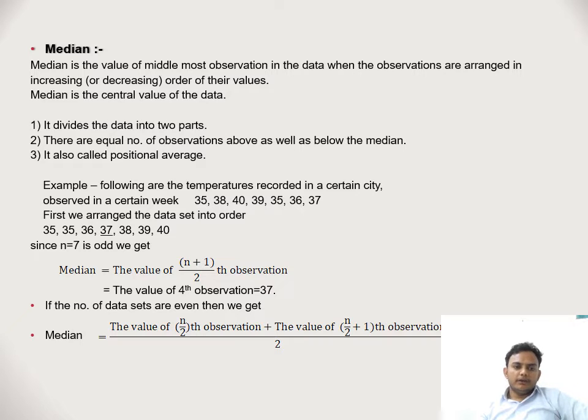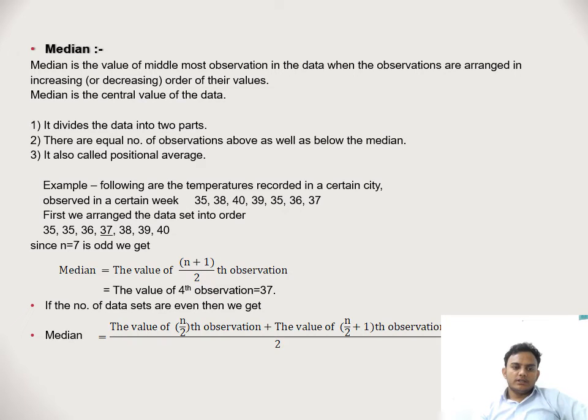Let's see the example. Following are the temperatures recorded in a certain city, observed in a certain week. So here are the observations. Total observations are 1, 2, 3, 4, 5, 6, 7. 7 observations here. First we arrange the data in ascending order.